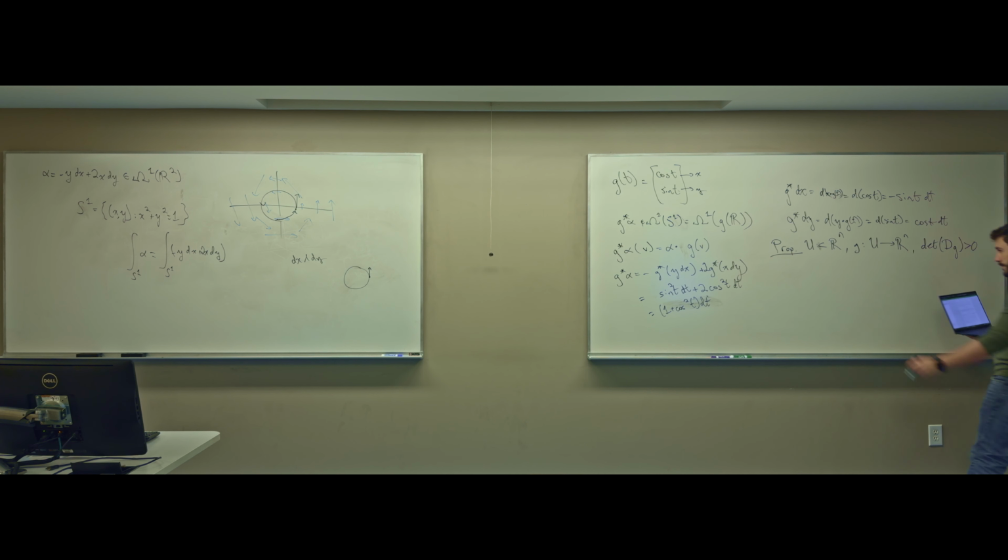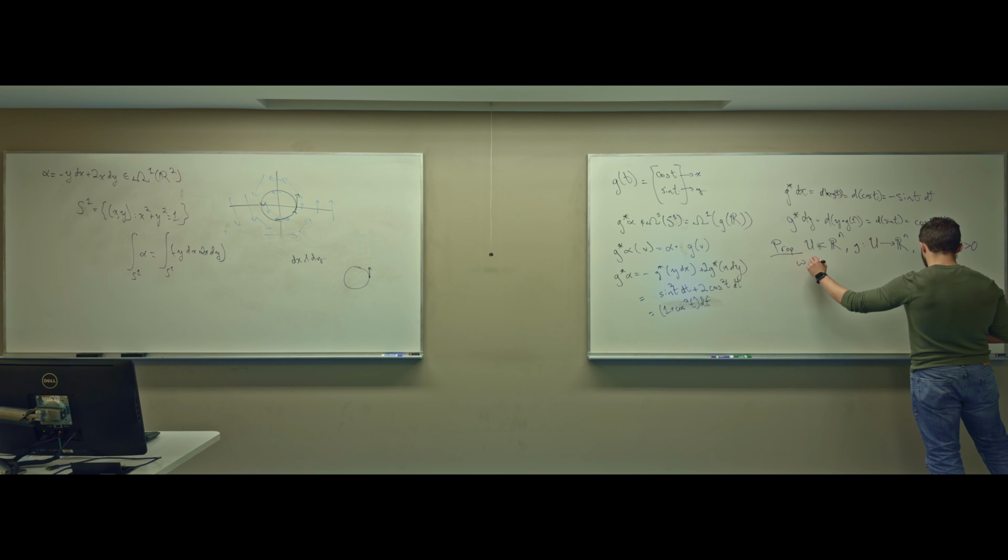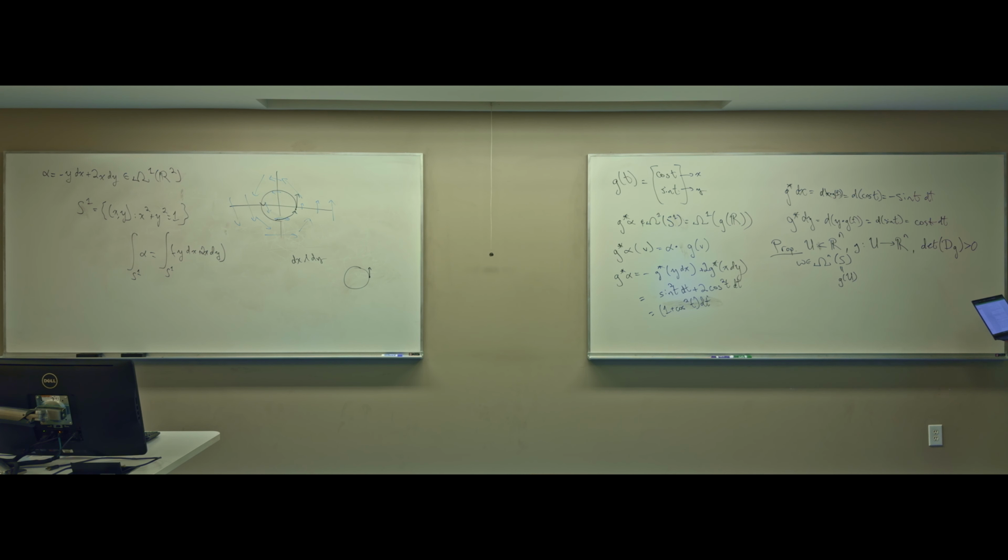And then you say, okay, if omega is a differential form defined on S, which is equal to g of U, so the image, the manifold that you're parameterizing, then you have the following.